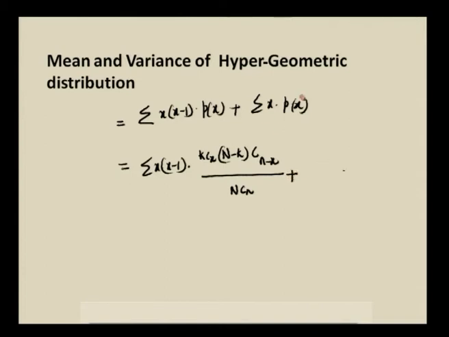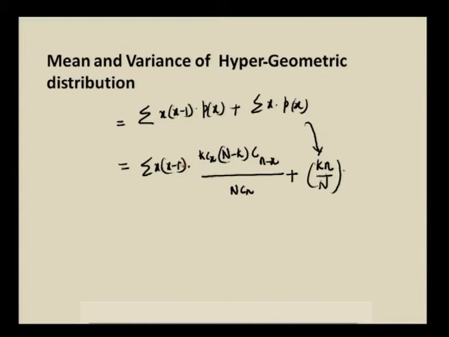Plus, you need not write the summation and verify it again, you can just write the answer, this is k small n by capital N for this thing. Okay, for this thing it is written like this. And then in the usual procedure, take this NCn outside, kCx is written as k factorial by (k minus x) factorial into x factorial, write that x factorial as x into (x minus 1) into (x minus 2) factorial, so that x and x minus 1 get cancelled.